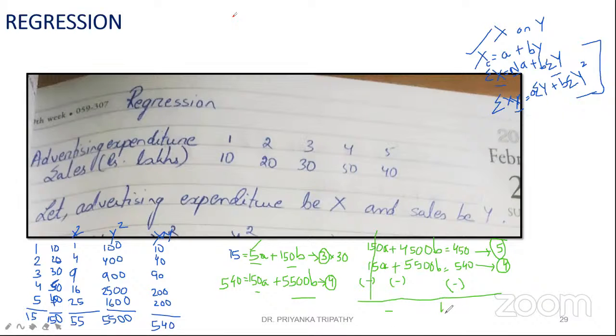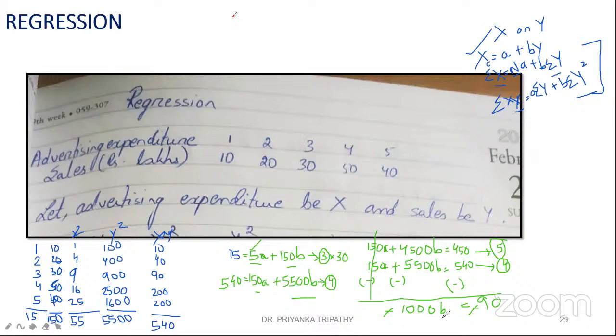B, 1000, right? 1000 or 100? 1000. 1050. Yeah. 1000B equals to 90 minus 90. So just cut.